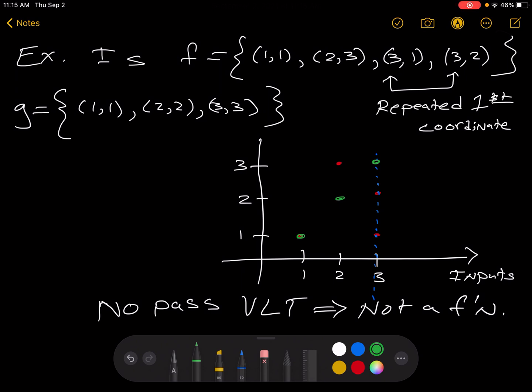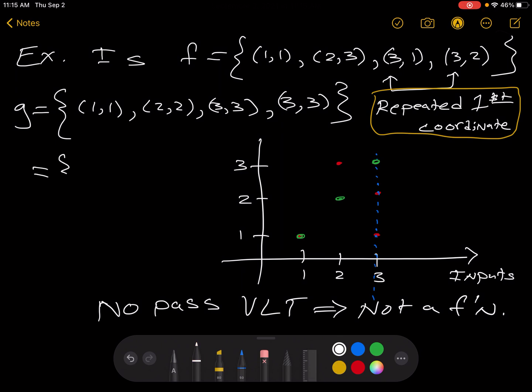But remember, you could get yourself into trouble by repeating one of these coordinates. So let me write 3, 3 again. Is this a function? Well, if you just use this criteria that we've just developed, repeated first coordinate, you'd say no. But there's a catch. And the catch is that, remember, in sets, repeats are counted as 1.